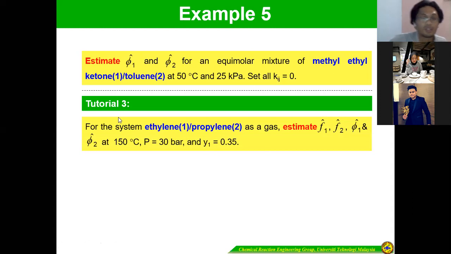So could you please do this for tutorial 3? Similar procedure. I give you about 10 minutes, I think 10 minutes is enough.